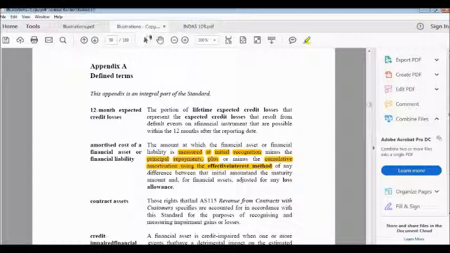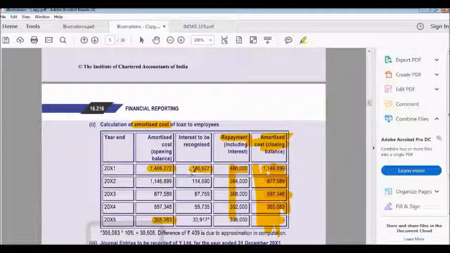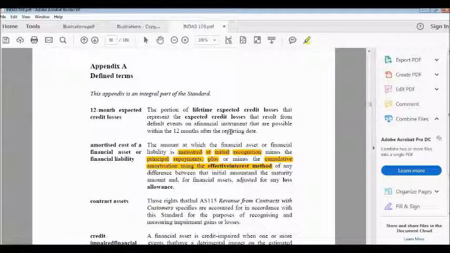So we have also added this 1,40,000 to this amount, so we have this amount, and that is called the amortized cost. So we have now seen how the amortized cost method works.